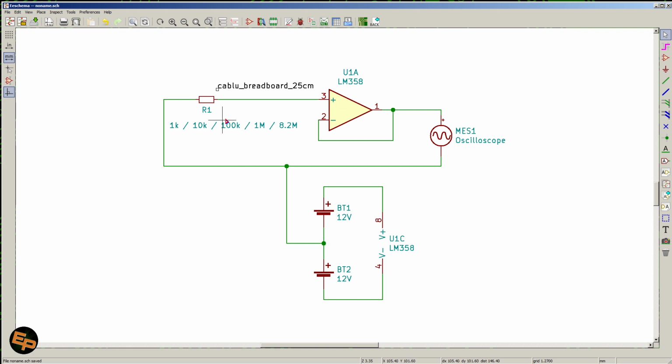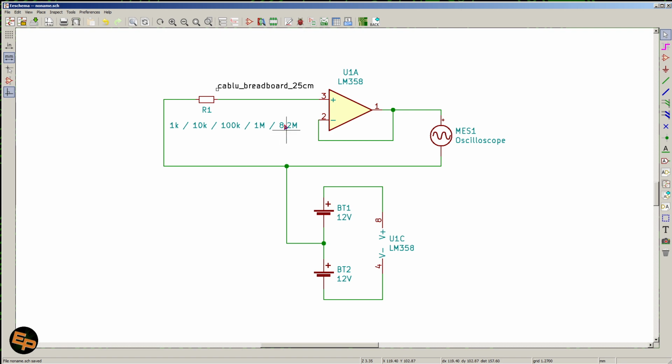And one important aspect that I think I forgot to mention: this resistor is not connected straight to the op-amp, meaning I haven't placed the wires of the resistor directly in the breadboard holes where the pin of this op-amp also is. Instead, I chose to connect it through a breadboard cable of 25 centimeters, which is longer than the usual short cables that you use to interconnect components on a breadboard.